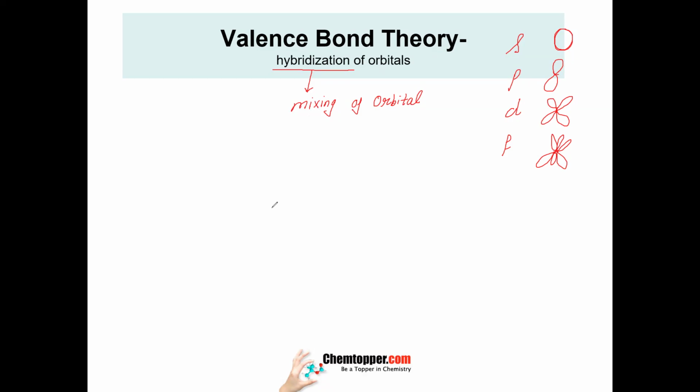Now let's see the Lewis dot structure of CH4. Central element is carbon. If you write the electron configuration of carbon, it is 1s2, 2s2, 2p2. Now let's pay attention to the valence shell. Then the valence shell 2s2, this one.